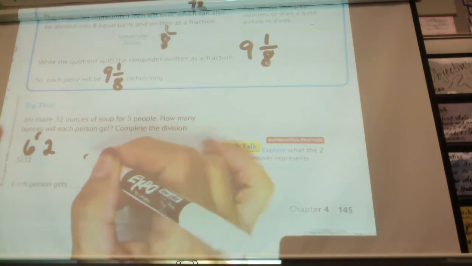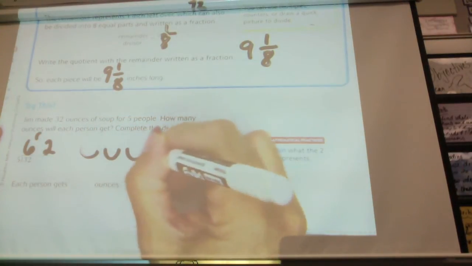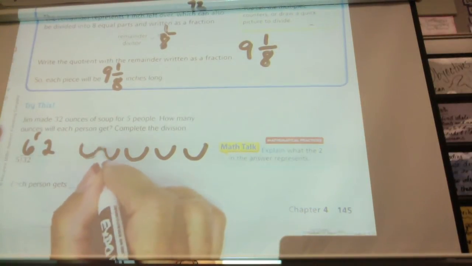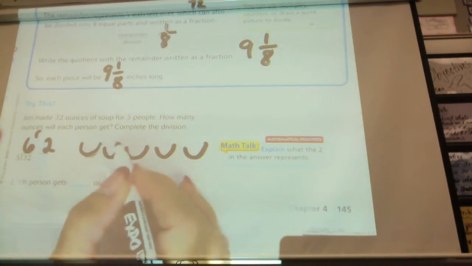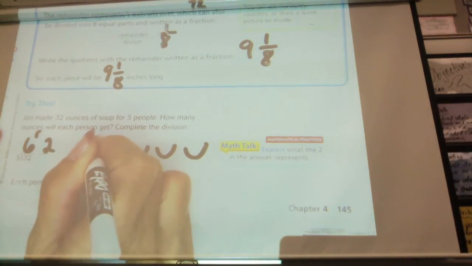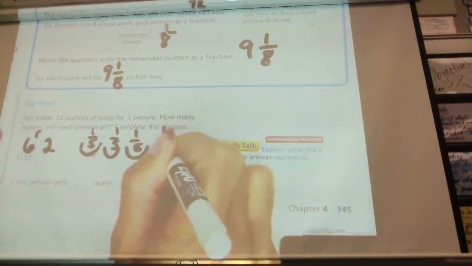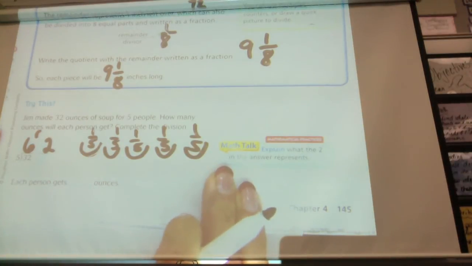So let's say we have our 5 bowls. These are our 5 bowls, and they already have 6 ounces in them. If we take those 2 ounces that are left, can we split them into 1/5 here, 1/5 here, 1/5 here, 1/5 here, and 1/5 here? So we've split 1 ounce into 5 parts.